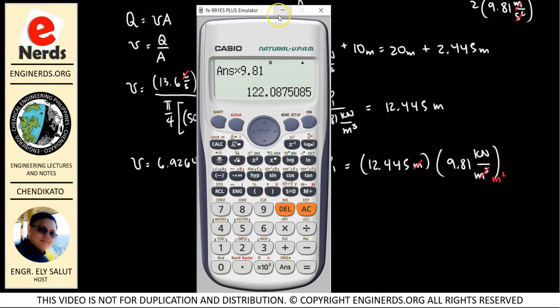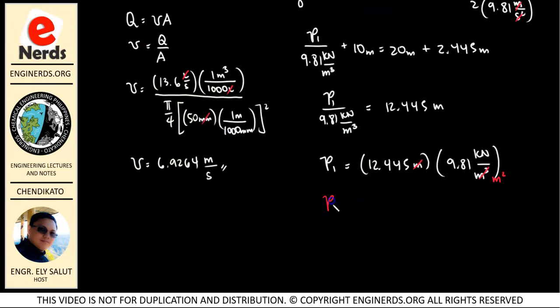So, P1 is equal to 122.088 kilonewton per square meter.